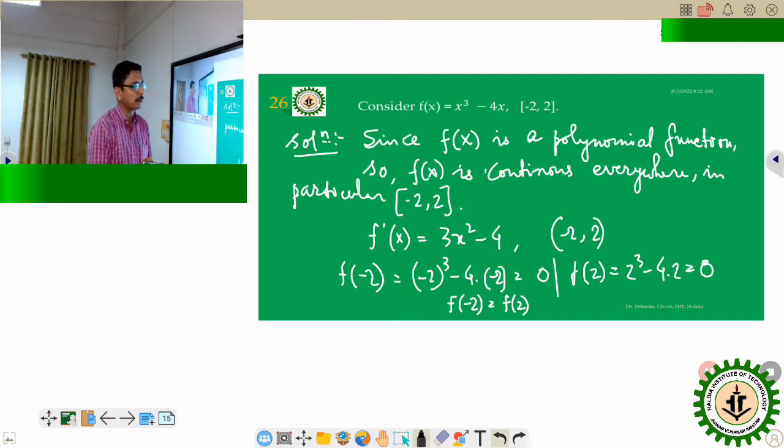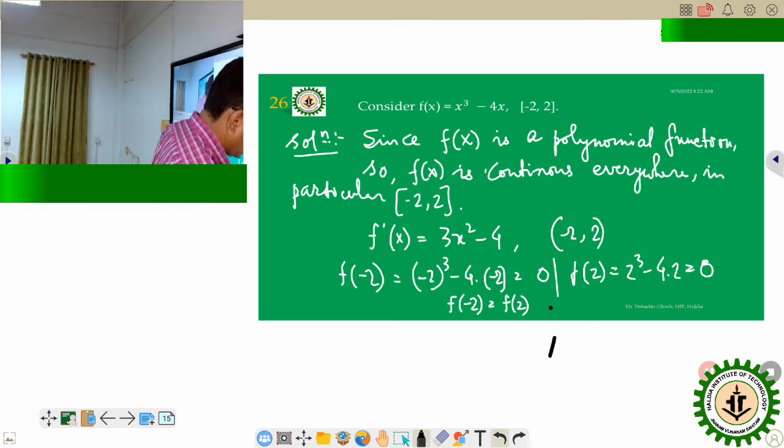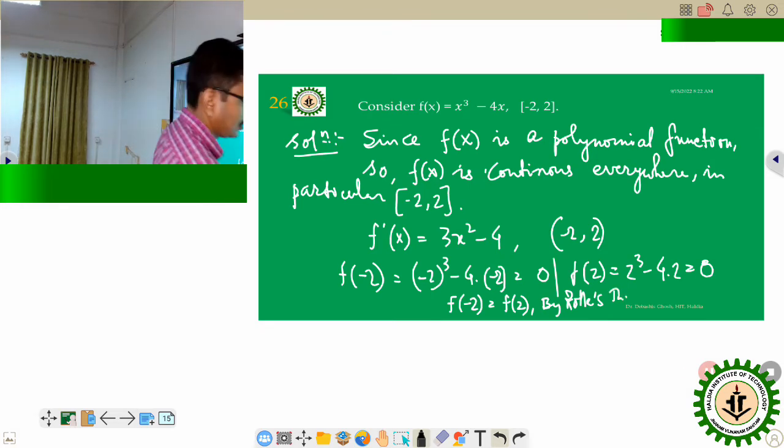So therefore by Rolle's theorem, we have a point C for which f dash C equals 0.